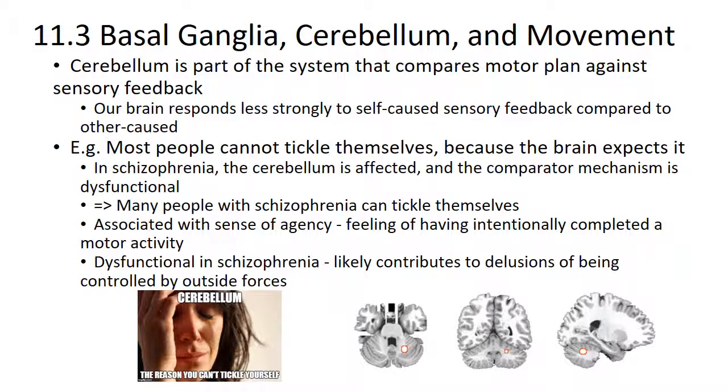So sometimes, a rather common delusion will be that the CIA has taken over their body and is causing them to do things, that an alien has control over their hands and that they're not the ones controlling their body. So this cerebellar dysfunction might be the reason for some of those delusions.